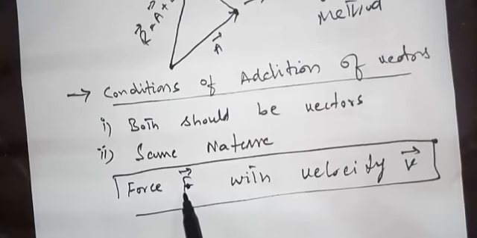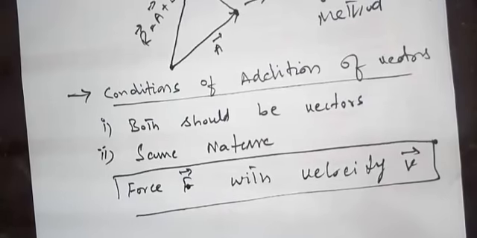It is obvious that these are vector quantities, but their nature is not the same. We cannot add velocity and force, because force will have its own units and velocity its own units.